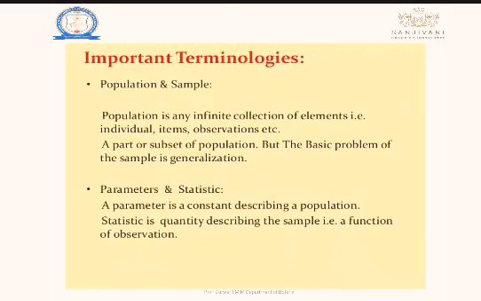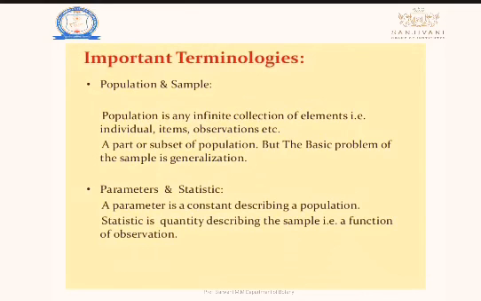For example, the parameter of weight, where we calculate only the weight of a population, or the parameter of height. It is a describing quantity of a population, and that is known as a parameter.